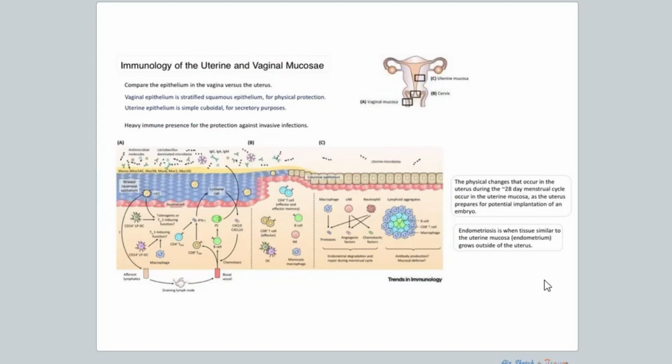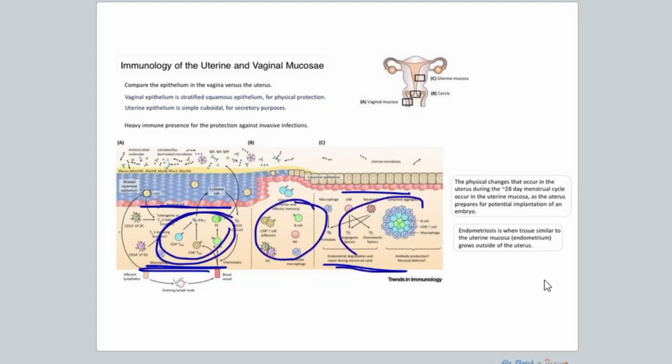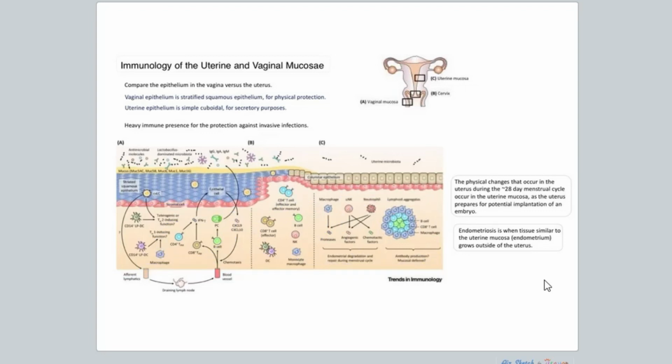If you look at the lamina propria in both the vagina and the uterus, you can see again there's this heavy immune cell presence. There's a heavy white blood cell presence down there to prevent the entry of pathogens. Another thing I wanted to point out, and we talk about this in Bio 242, is that the mucous membrane of the uterus undergoes dramatic changes as part of the menstrual cycle each month.